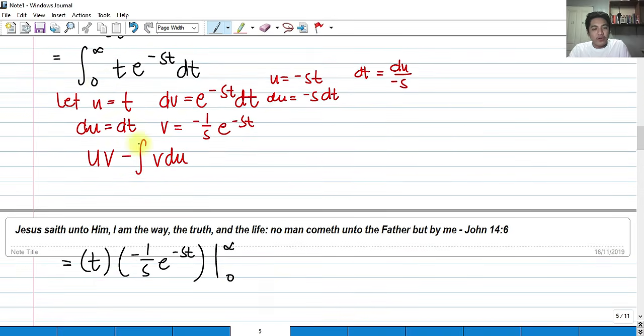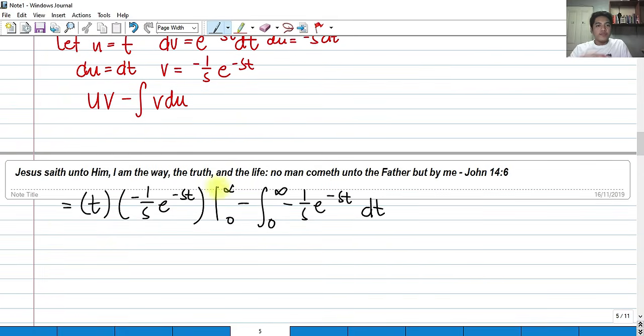So we need to evaluate the limits. Minus the integral from 0 to infinity of v du. Our v is negative 1 over s e raised to negative st. Our du is simply equal to dt.